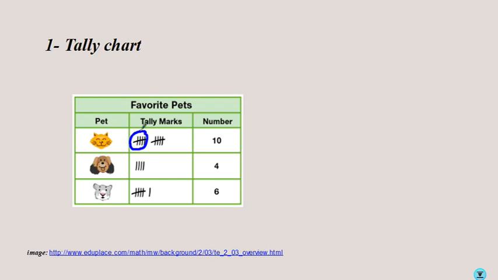This represents a 5, so it would be easy to count in 5s, and you will know the number of people that prefer cats, and so on. This is a form of a primitive table. In the end, you can look at the totals, and you can tell that the number of students in this class is 20.